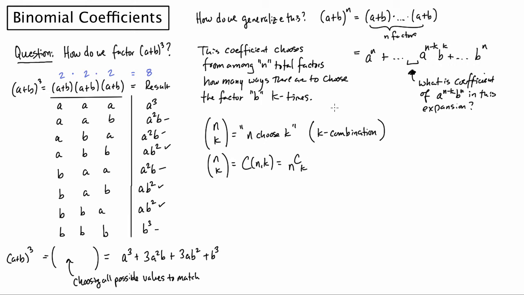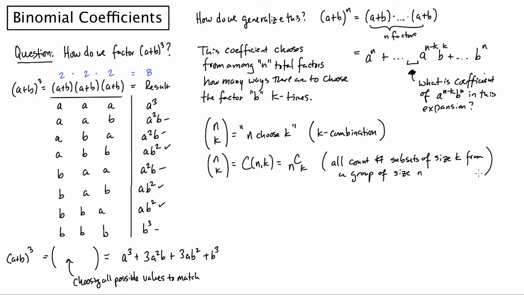But all of them stand for the same thing, and they all count the number of subsets of size k from a group of size n. This is what they're counting.